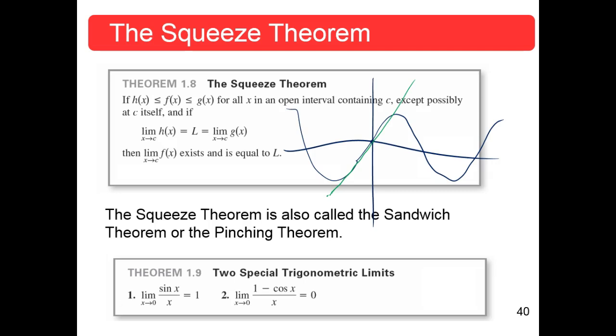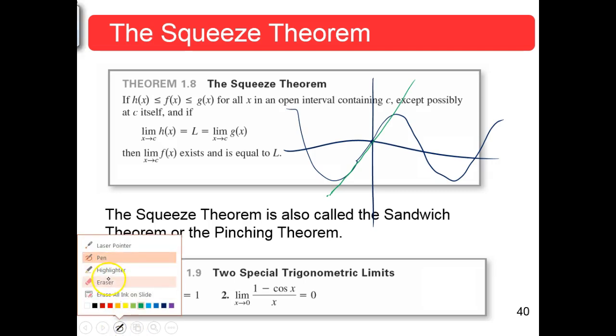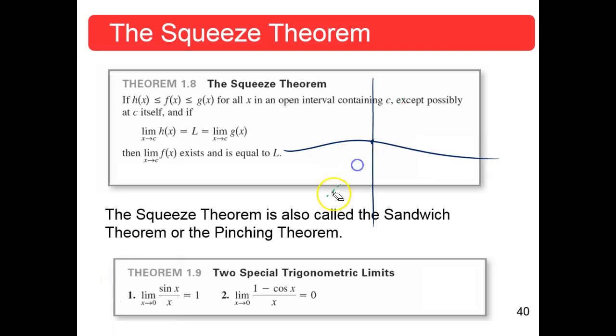The second one of these is the limit of 1 minus cosine x as x approaches 0 over x. And they say that one's equal to 0. So let me delete these two. I'll keep my same ugly graph. Okay. I'll even try to delete that point there. I'm going to blow it.